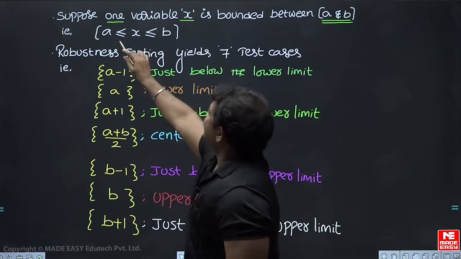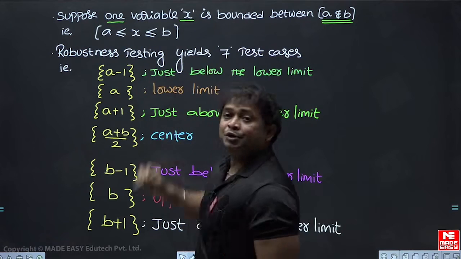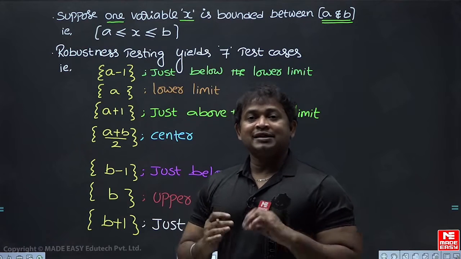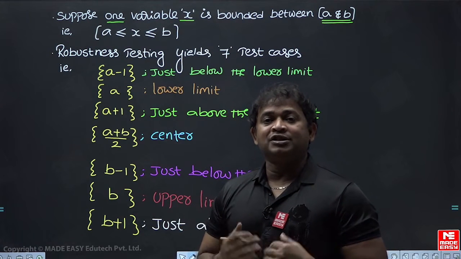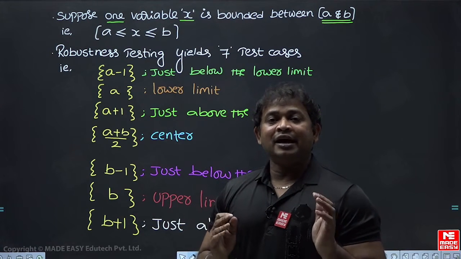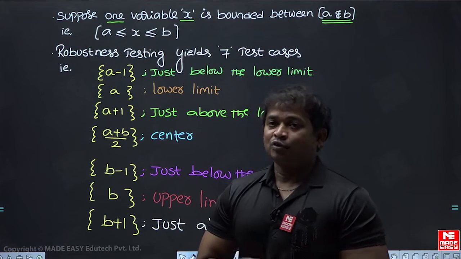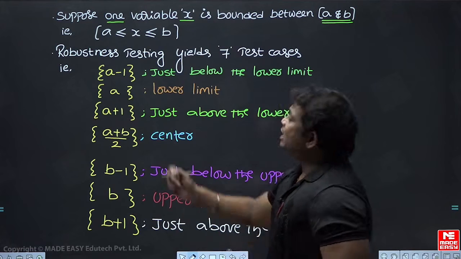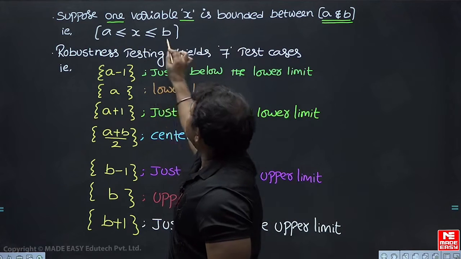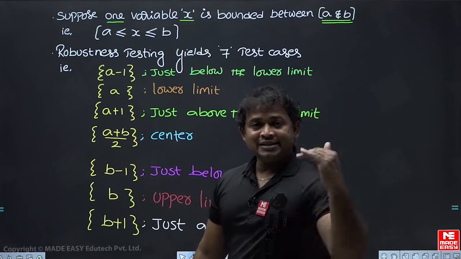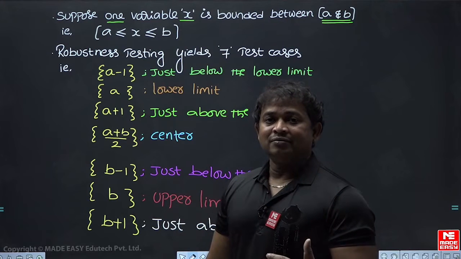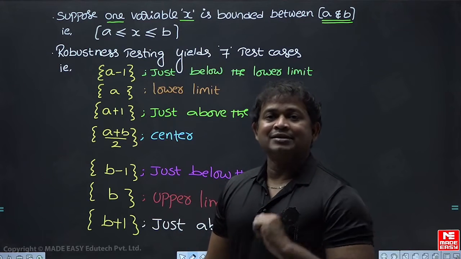So A less than or equal to x less than or equal to B. So x is accepting the data values which are present between A and B. Lower limit is A, upper limit is B. A is the lower limit, B is the upper limit for the variable x.